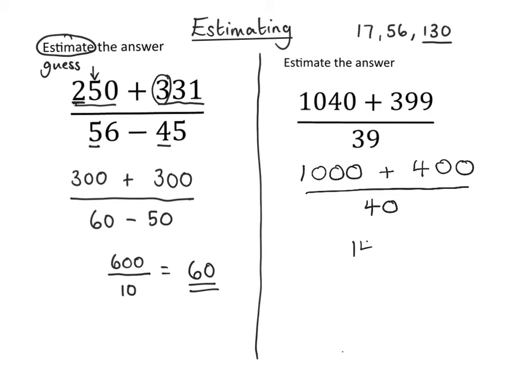The numerator becomes 1400, the denominator becomes 40, and now you just need to think about how you can do that division. I write it as a fraction because you can think of it as a fraction. And if I was simplifying that fraction, I would divide them both by 10, which leaves me with 140 divided by 4.